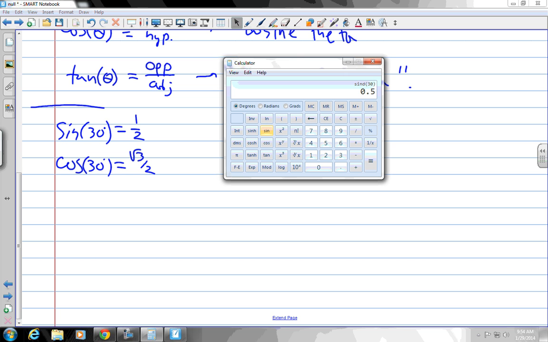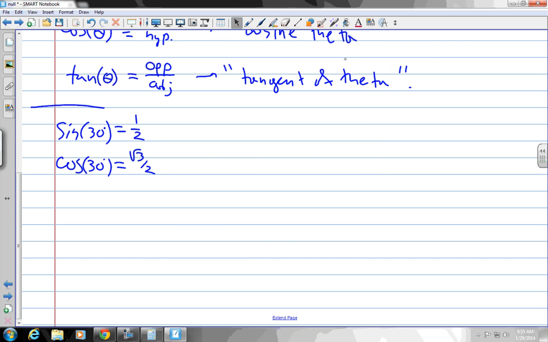If I do cosine of 30 degrees, it's going to give me square root of 3 over 2 in a very ugly way. Let's try multiplying this by 2. Yeah.